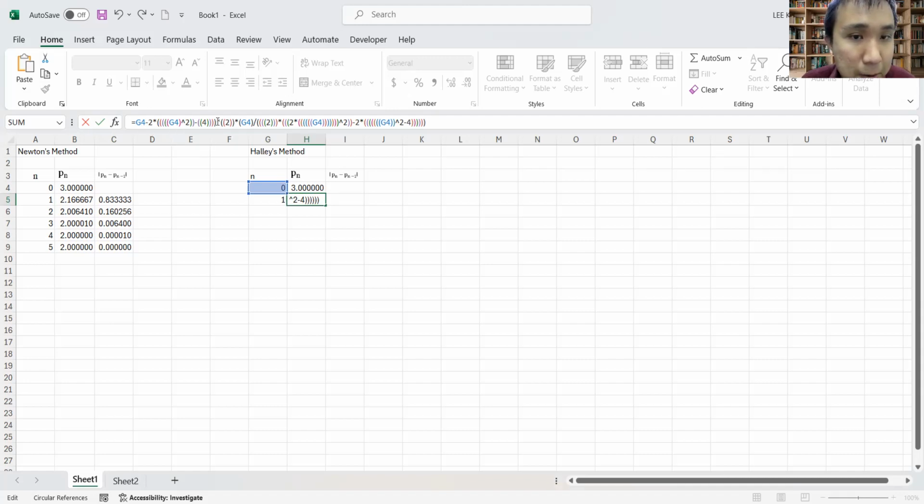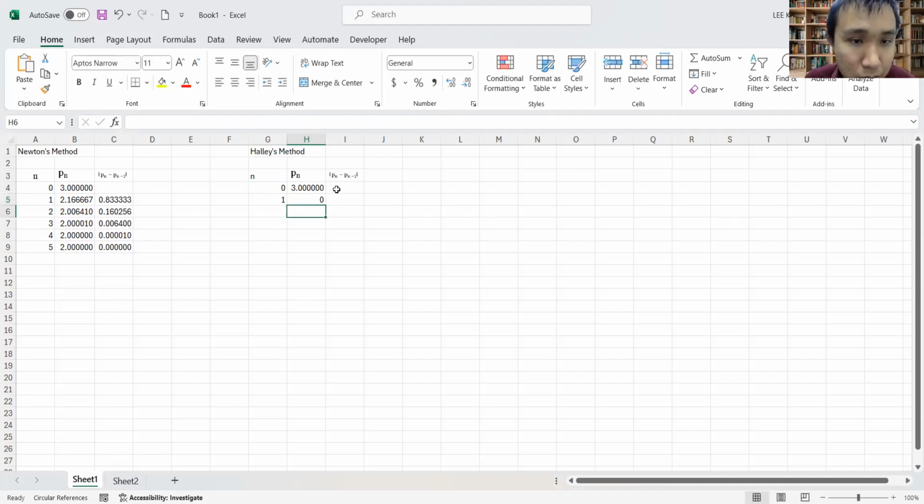After we get the brackets right, this is the formula we have achieved, because sometimes when we do it on paper it's quite long, so now we try to use Excel. And then we press enter.